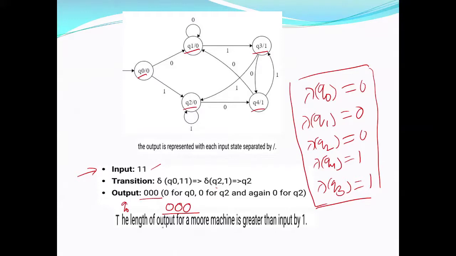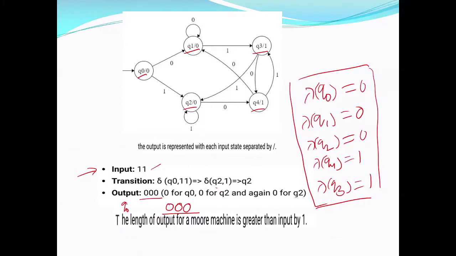Right. So if you observe the length of the input string or the length of the output string, the length of the output string for a Mealy machine is greater than the input by 1, because the initial state is producing one symbol. After that, you can change the state by taking an input symbol.